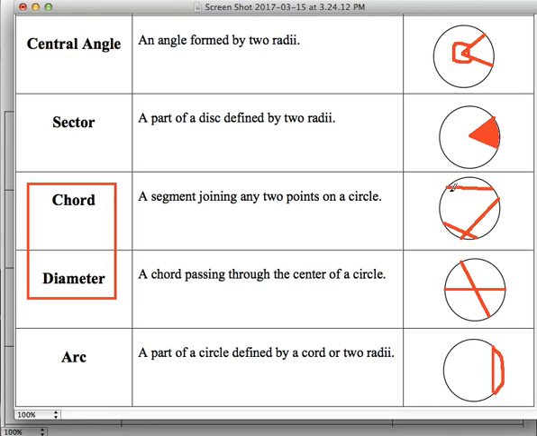Here I've got a bunch of chords without saying specifically that I've got some arcs, but here I've got an arc and a cord. Most of the time, you'll see in the word problems that we use, we have chords connected with two radii. Like it says here, a part of a circle is defined by a chord or two radii.